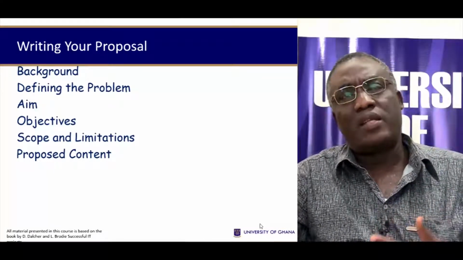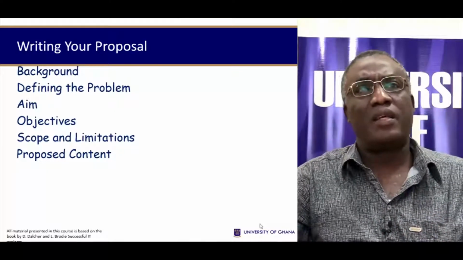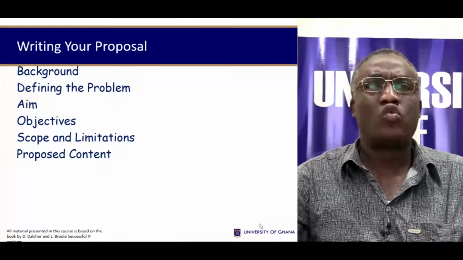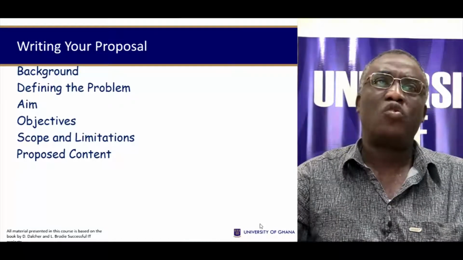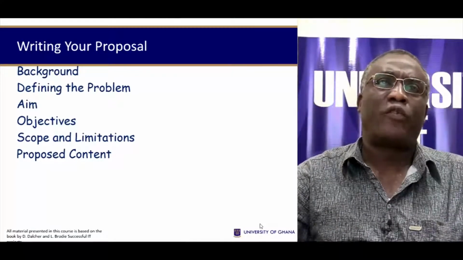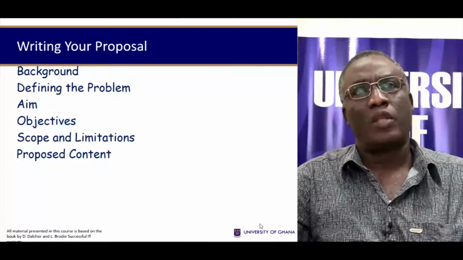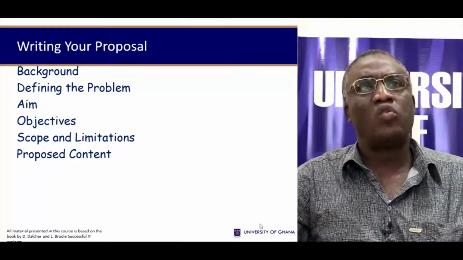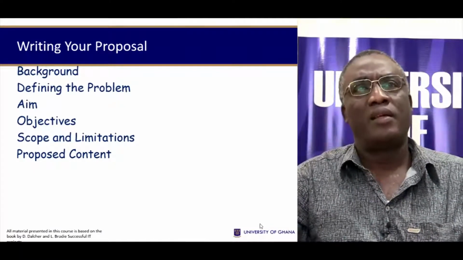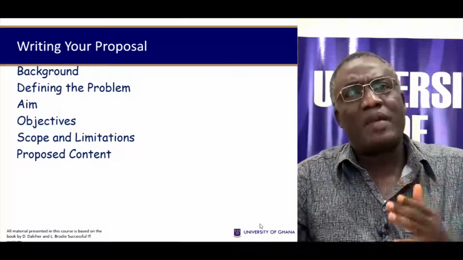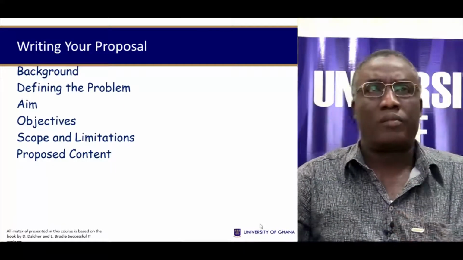Once your first cut proposal has been agreed, that it's a good thing, that it's doable, then you move on to writing your formal proposal. So what must go into this formal proposal? And this is your major assignment for this course.